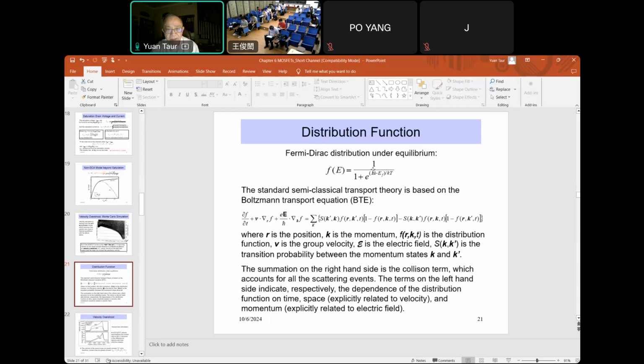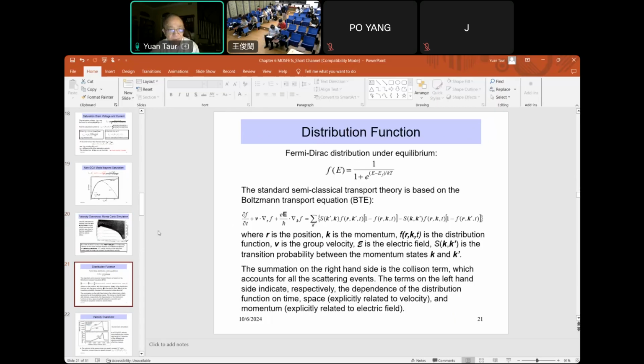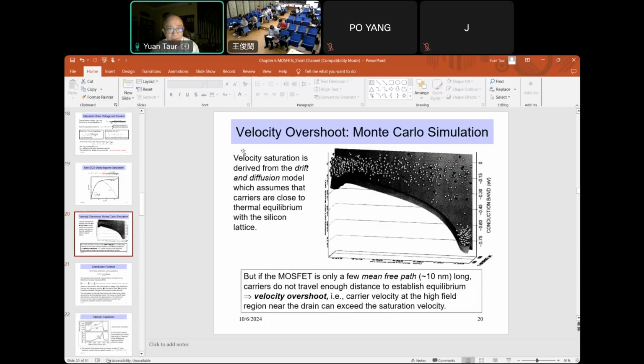Okay, but this is not valid in the case of a very short device, where the carriers are not in thermal equilibrium with the lattice. In that case, we have to solve the Boltzmann transport equation. And one approach is the Monte Carlo simulation. That's what generates this plot.